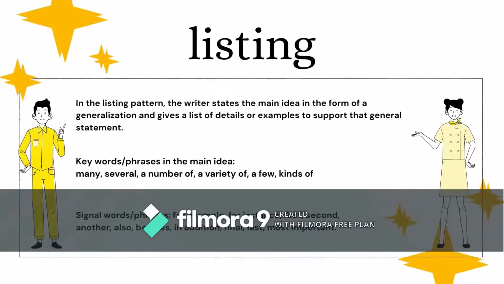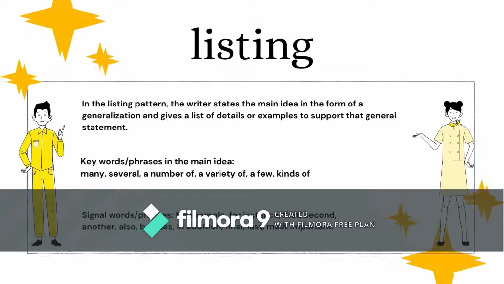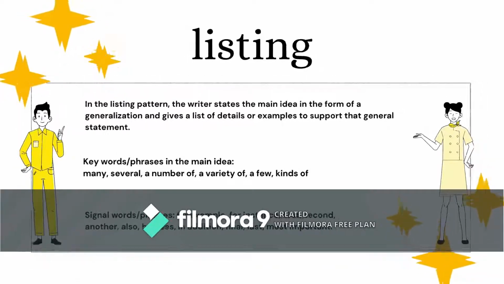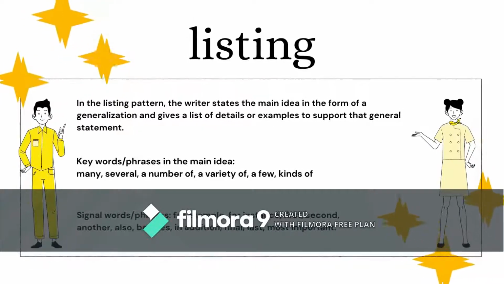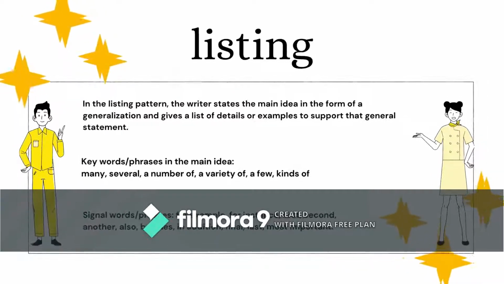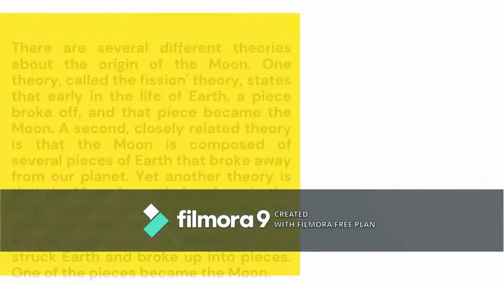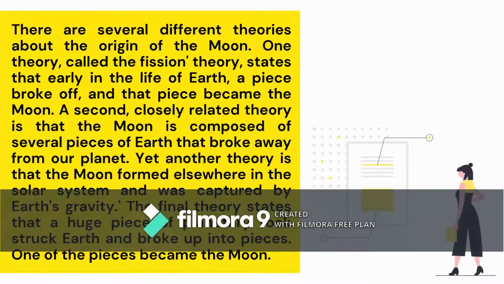The signal words or phrases, such as for example, for instance, first, second, another, also, besides, in addition, final, last, most important. Here is an example of a paragraph; let's identify it using the listing pattern.